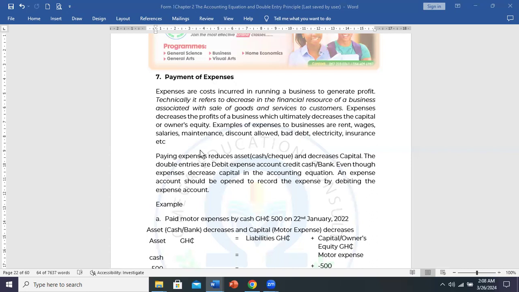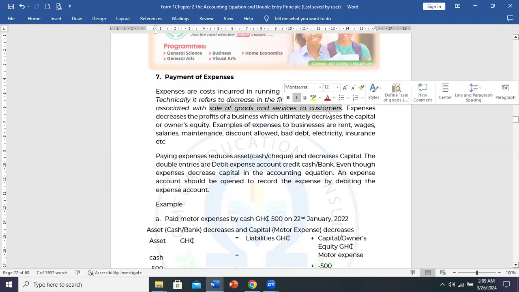Good. So, ladies and gentlemen, the point is that expenses are also costs or payments. But these kinds of payment refer to a decrease in the financial resource of a business associated with the sale of goods and services to customers.